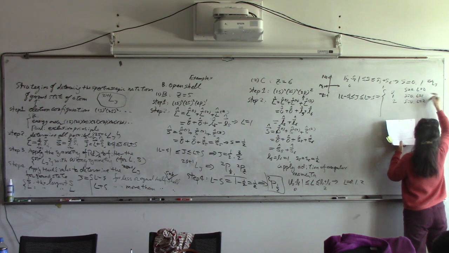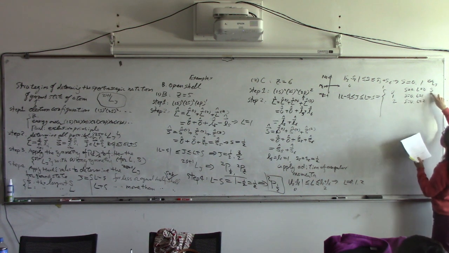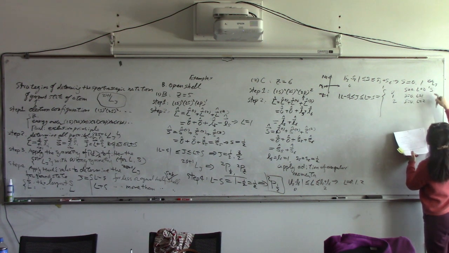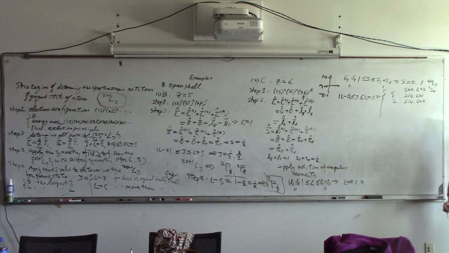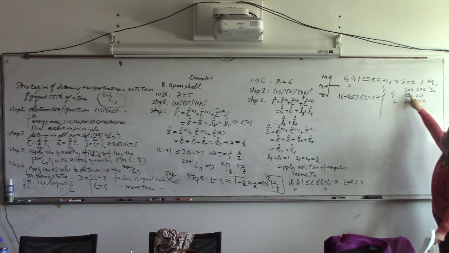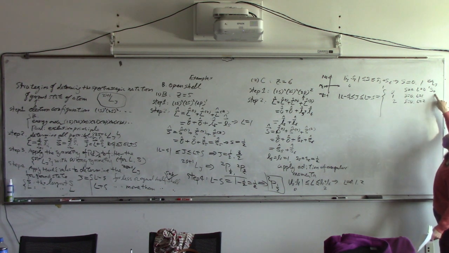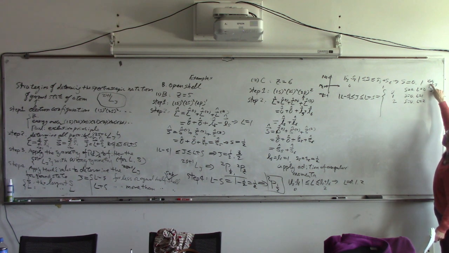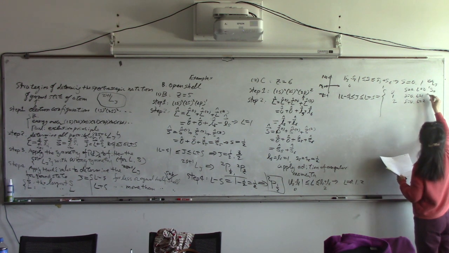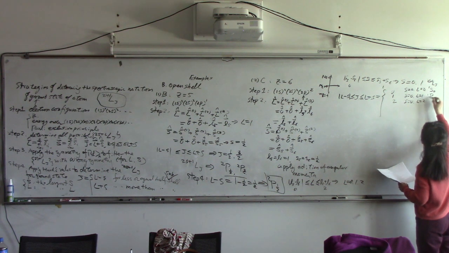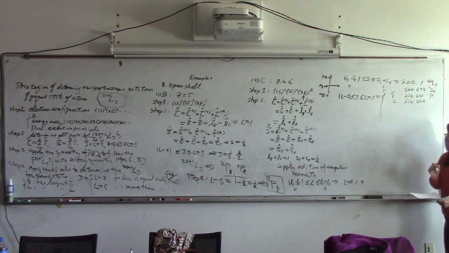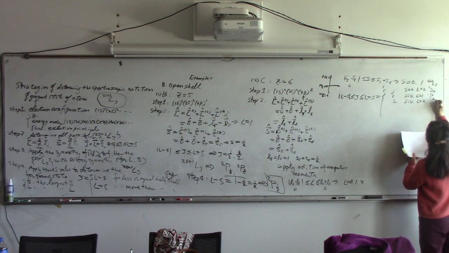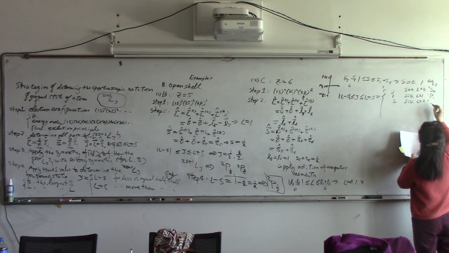This one corresponds to S, because L is 0, with J equal to 0. So S 0, L 0, J 0. This one, S still 0, but L is 1, J is 1. This one, S 0, but L is 2, so D, J is 2.